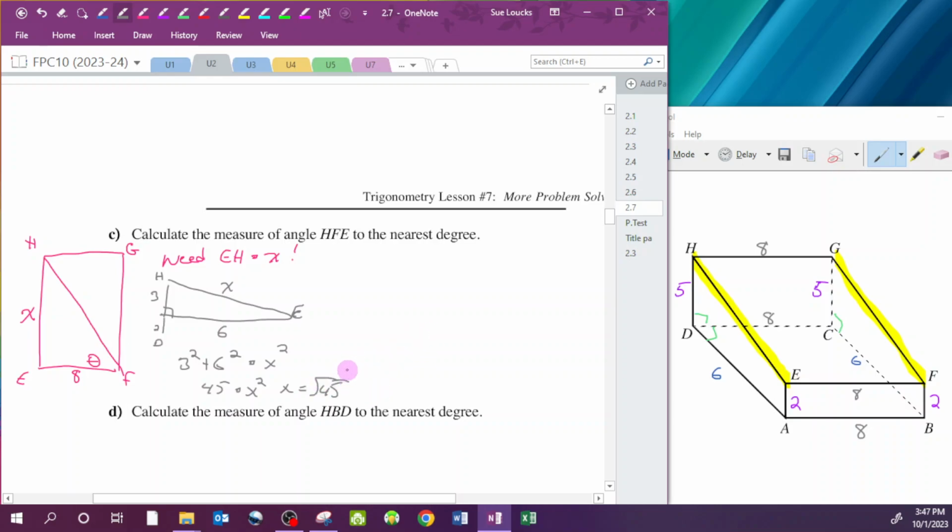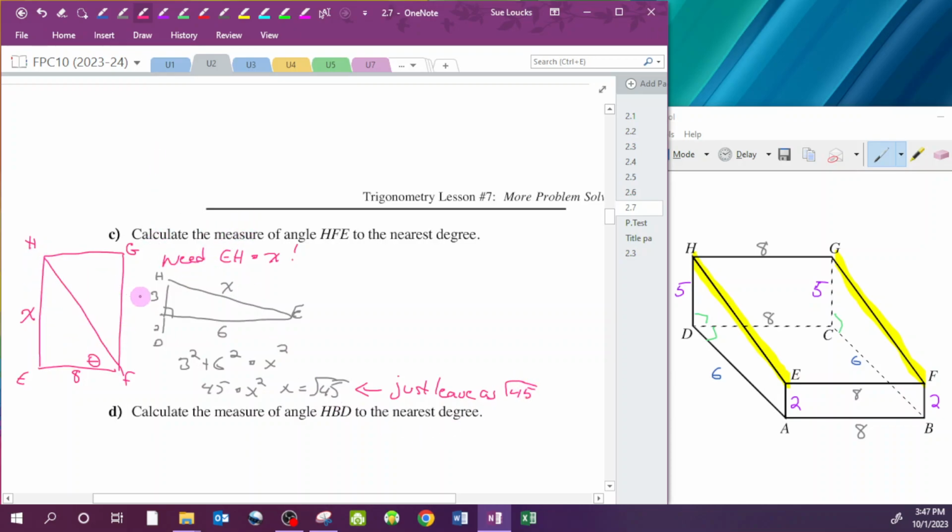I'm just going to keep that as root 45. Don't bother simplifying it or getting a decimal approximation. It's easier to write root 45 than anything else.